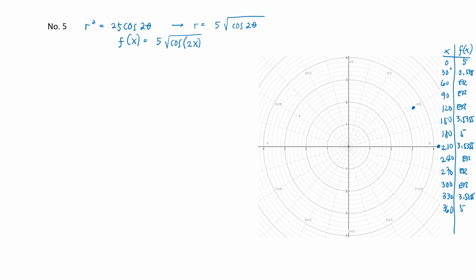The next is 5, so let's say this is our 5. Then 3.55 again, then error going towards 330 degrees. That's still 3.55, and then going back to 5. If you're going to create a graph, let me use another color.